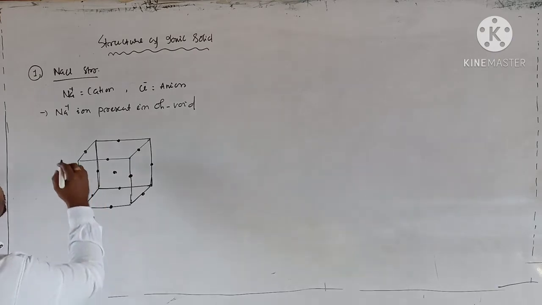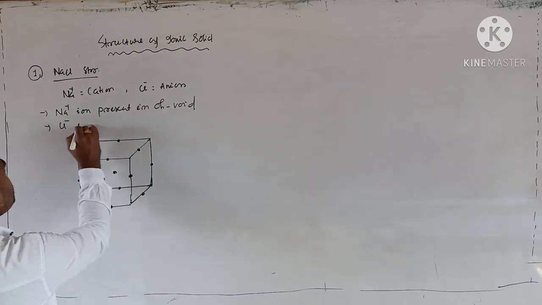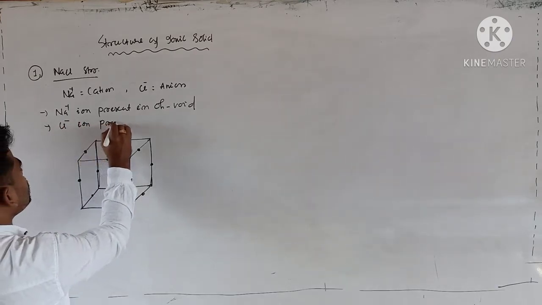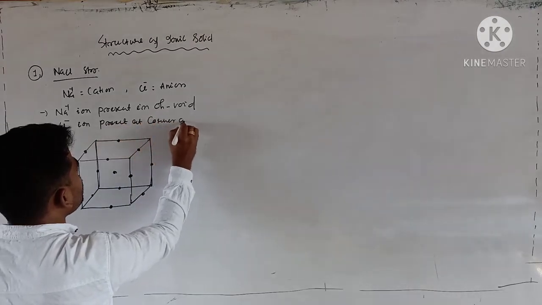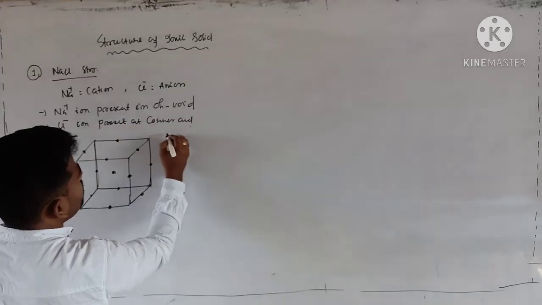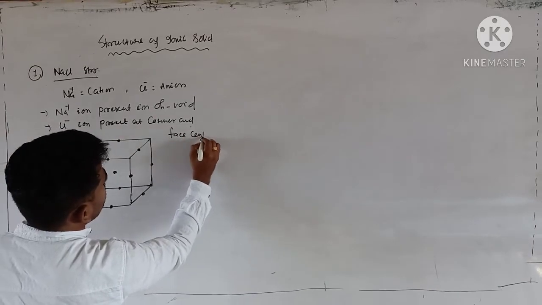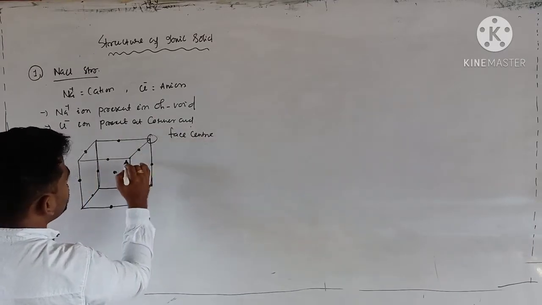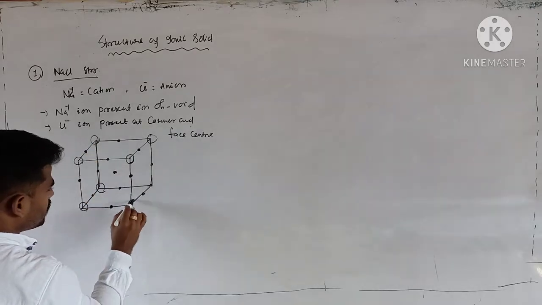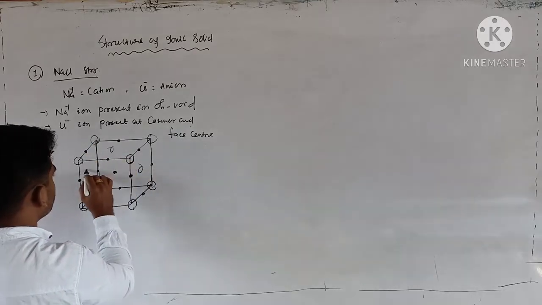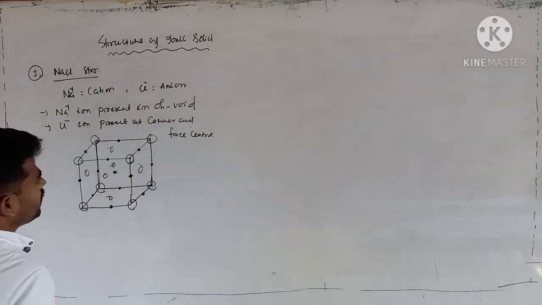And Cl minus ions are present at the corners and face centers, that means at the packing sites. At each face center these are Cl minus.